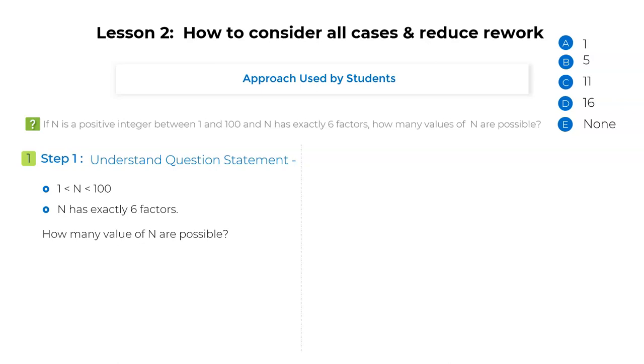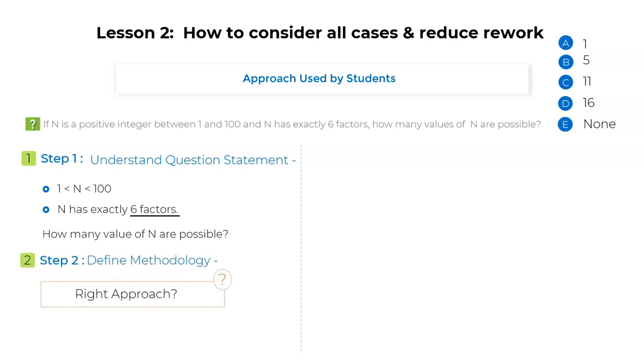Now at this point, what most students do is jump into solving the question. They don't focus on the fact that we are looking for 6 factors and how we should use this information to figure out a methodical approach to solve the question. As far as defining the methodology is concerned, they do not look for the right approach.